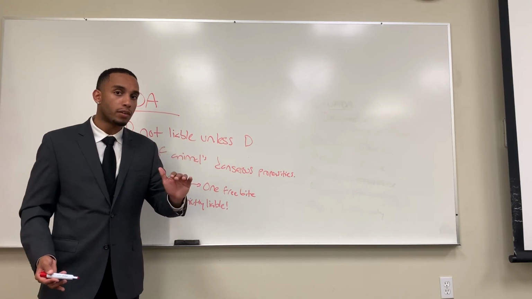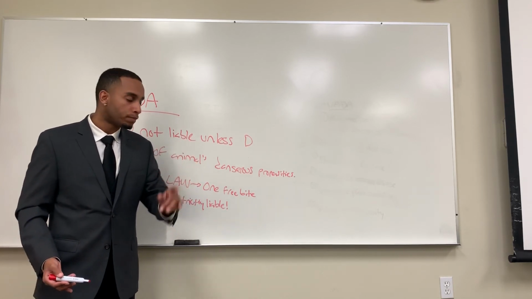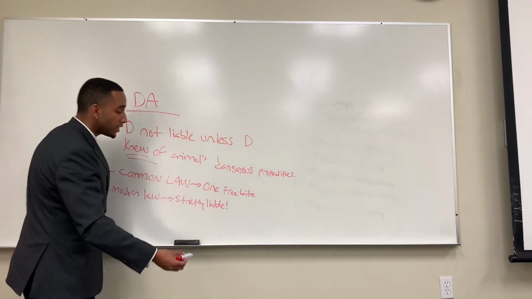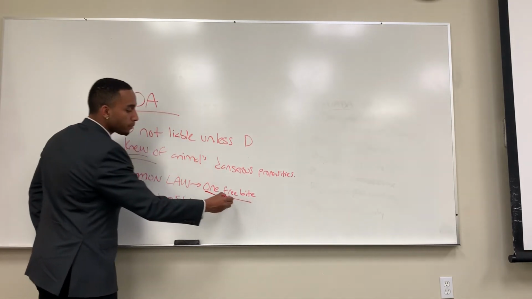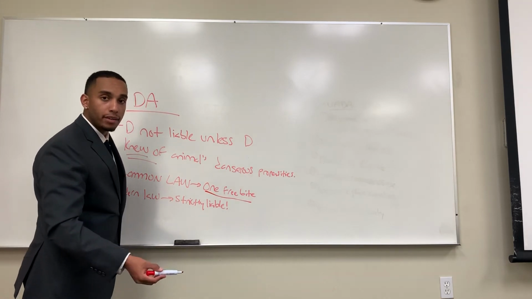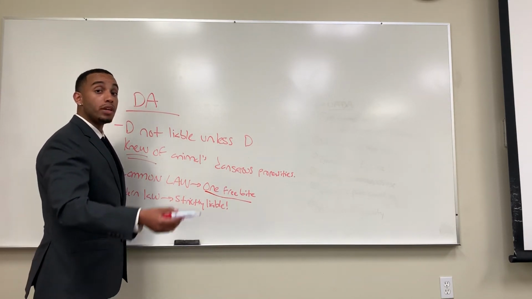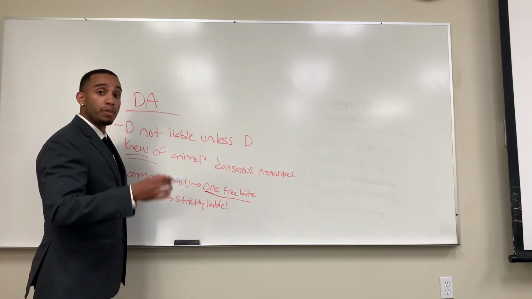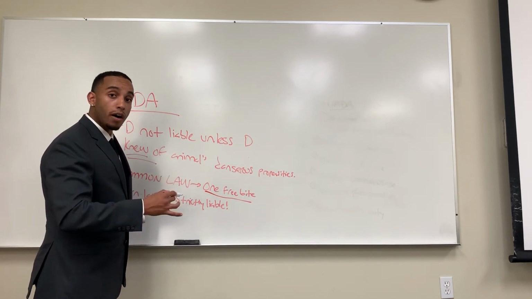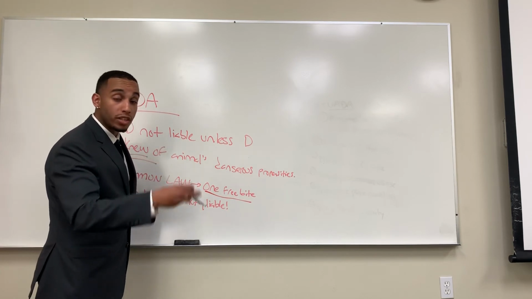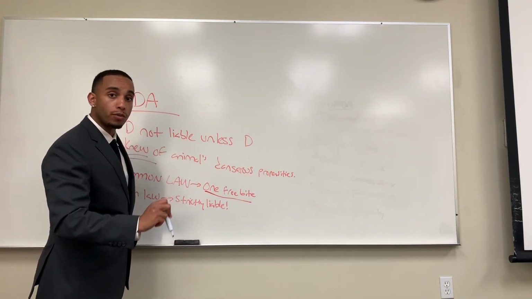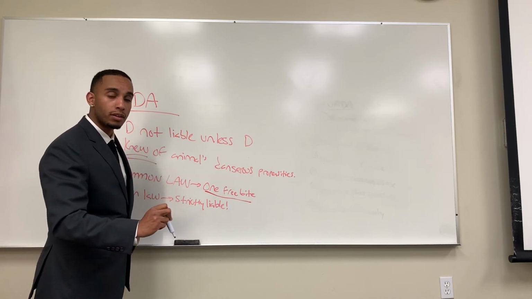Moreover, we have a modern law and a common law split. So with common law, we have the one free bite rule. So basically, under the common law back in the day, dogs have one free bite. And after that, the defendant will be on notice of the animal having a dangerous propensity. And if the defendant's dog ends up biting someone again for a second time, the defendant will be strictly liable for what the dog has done to someone else.